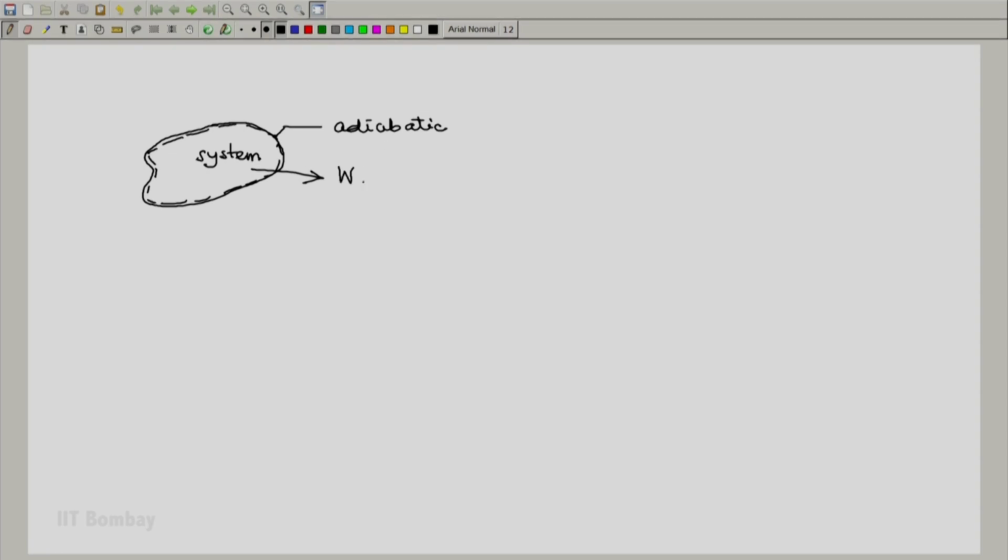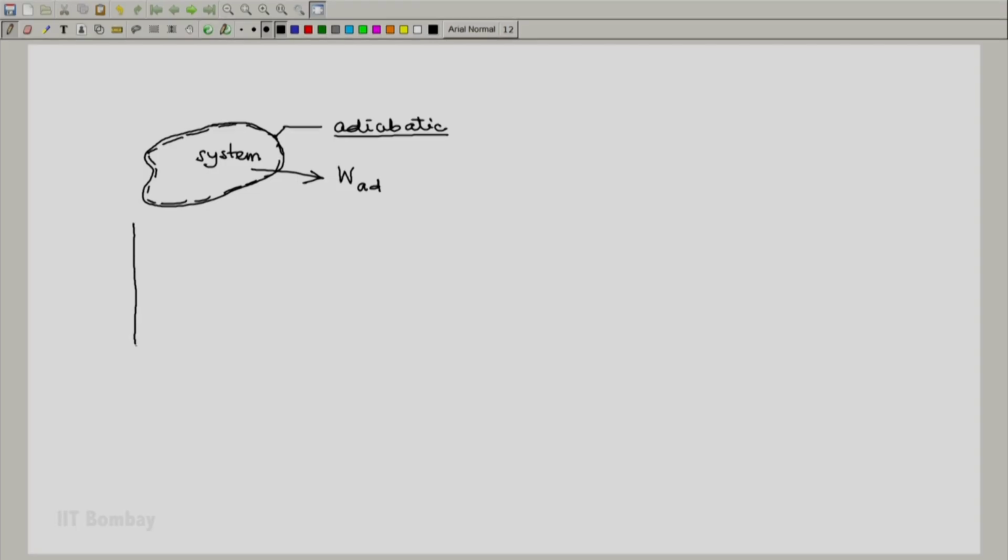Because it is adiabatic, let us say that the work done is W_ad, indicating that we are looking specifically at an adiabatic system.